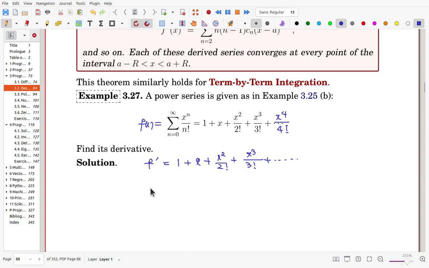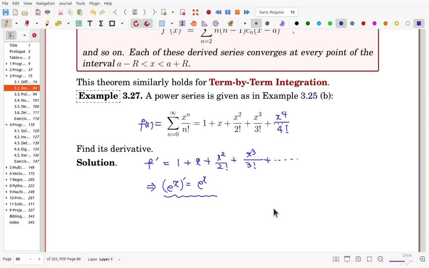From this, you can say that the derivative of e to the x is the same as e to the x. From calculus, if you were in a beginning calculus class, you already know this one. Term by term differentiation and integration is quite useful.